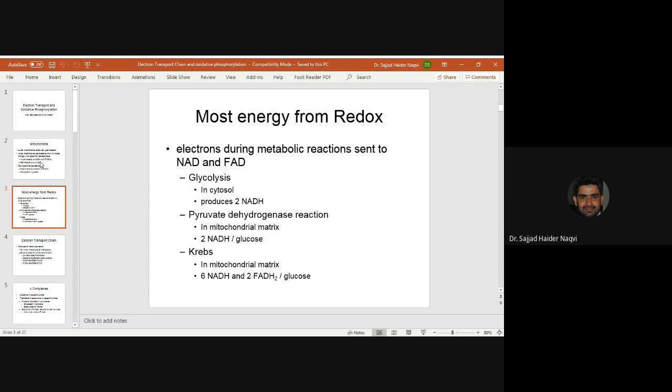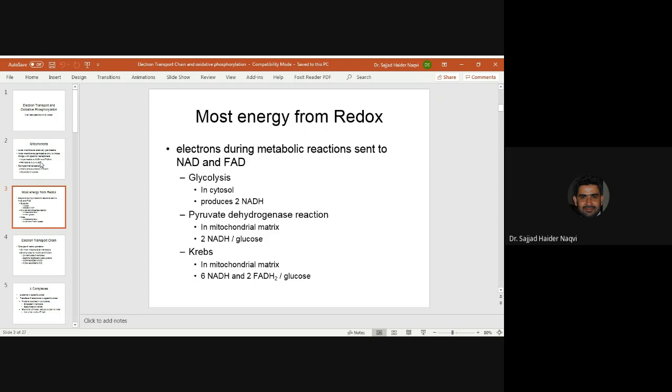So let's summarize that upon the complete oxidation of one molecule of glucose, you get 2 NADH from glycolysis in the cytoplasm, 2 NADH from the pyruvate dehydrogenase reaction in the mitochondrial matrix, and 6 NADH and 2 FADH2 from the Krebs cycle in the mitochondrial matrix.